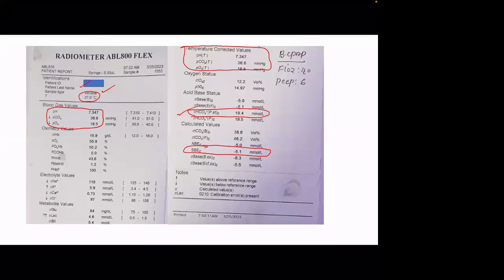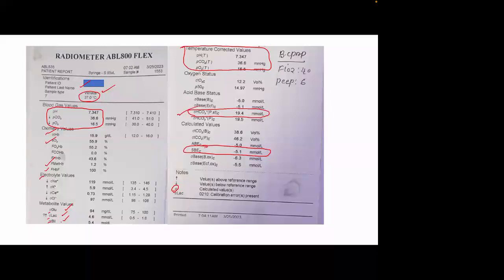There will be a suffix of C for all those calculated values. And in this blood gas machine, we can see that it's measuring the methemoglobin levels, fetal hemoglobin, oxygen saturation, hemoglobin levels, bilirubin, lactate, and glucose.